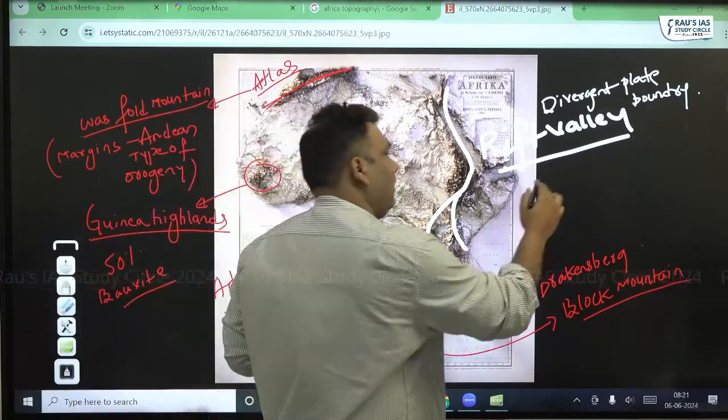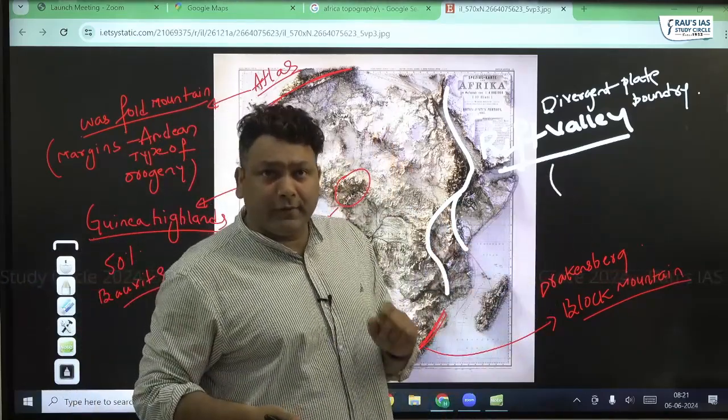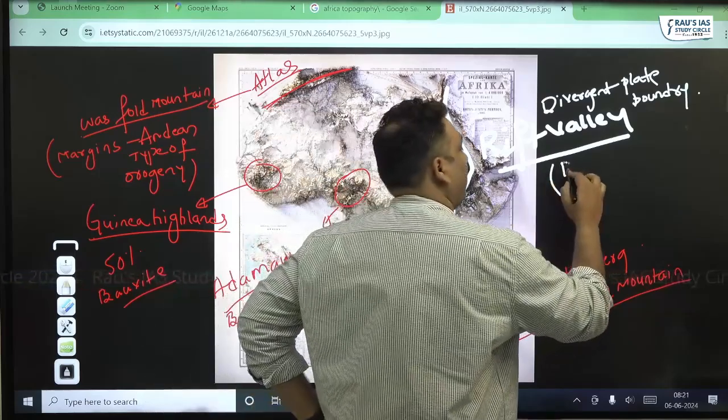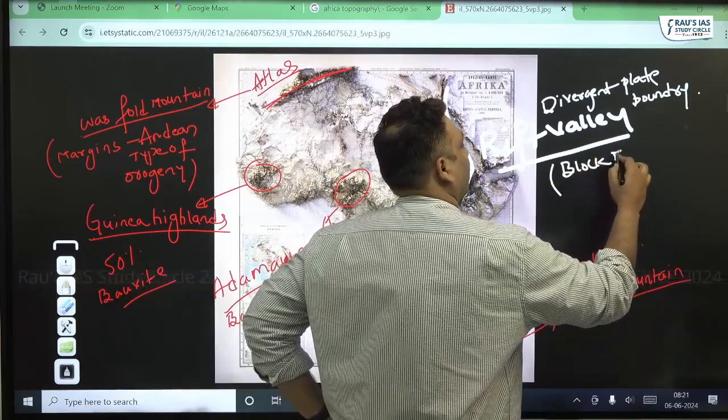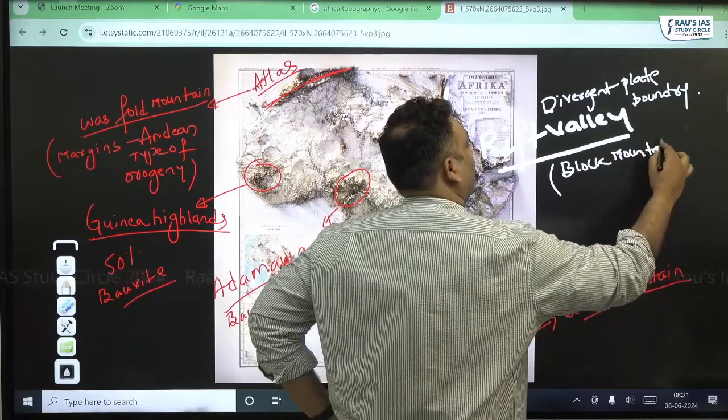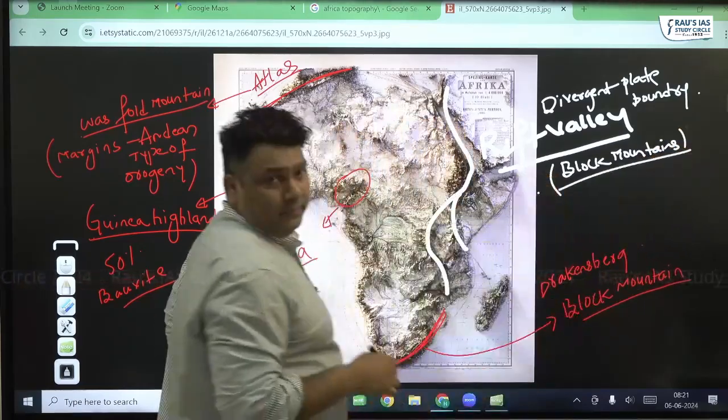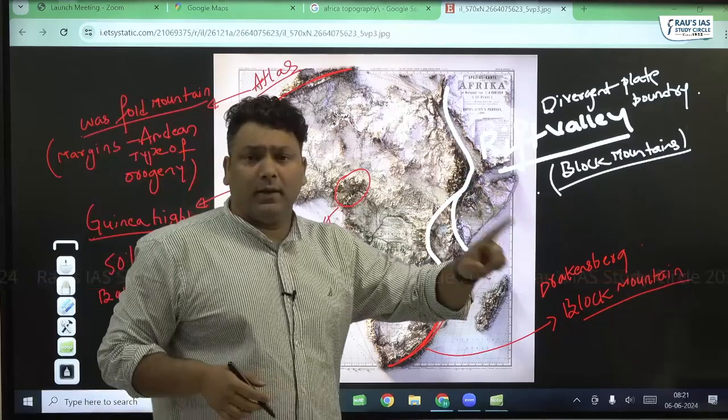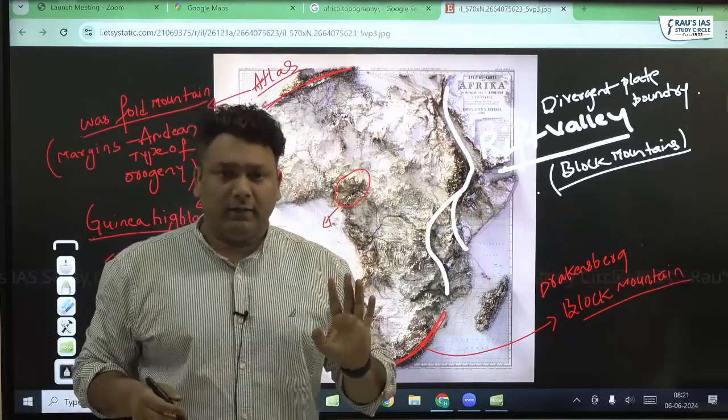And on either side of this Rift Valley, you'll have block mountains.